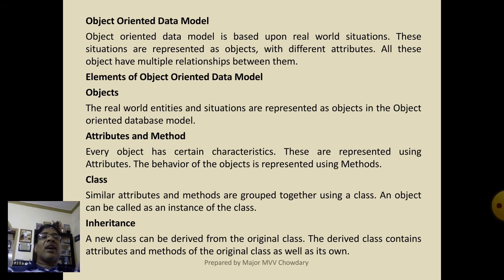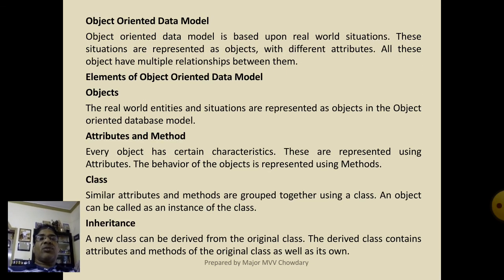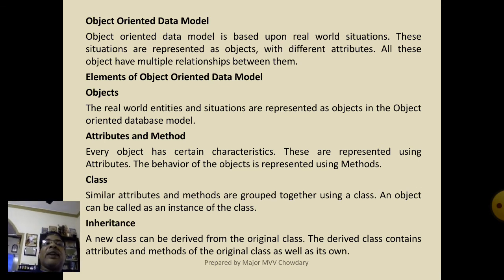The derived class contains attributes and methods of the original class as well as its own. It also has additional features of polymorphism, dynamic binding, late binding, etc.